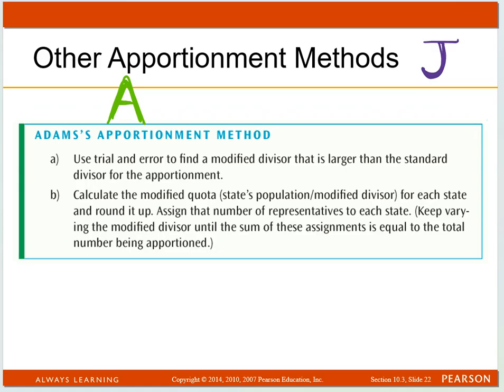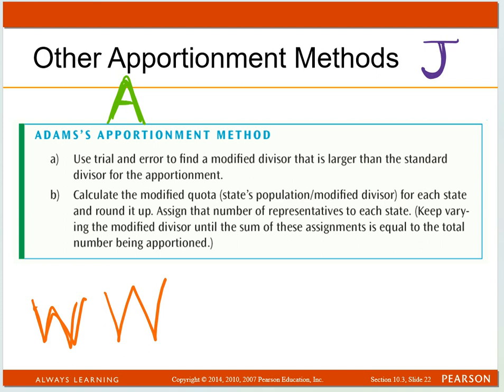And then when you get to, I don't know what color I'll use later, but we'll do orange for now, Webster looks like a W. Webster is down and up and down and up. He just changes. It depends. Sometimes he's down, sometimes he's up. He uses the standard rounding rules. So the letters of their names kind of helped me remember this.